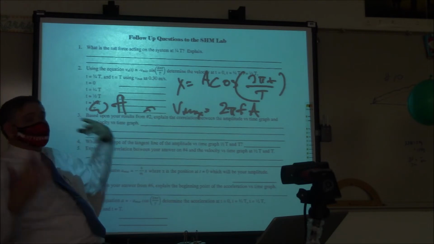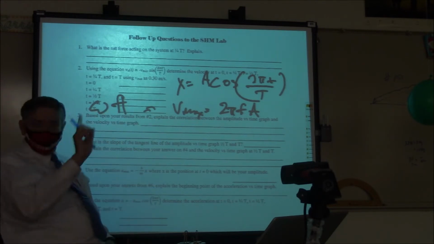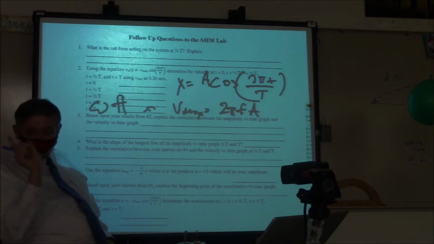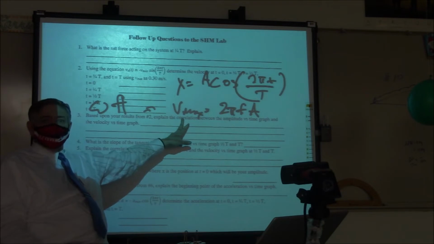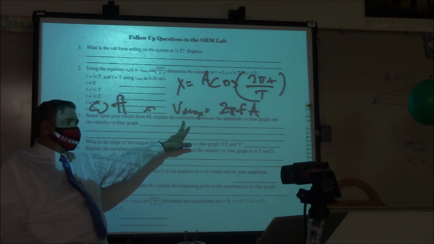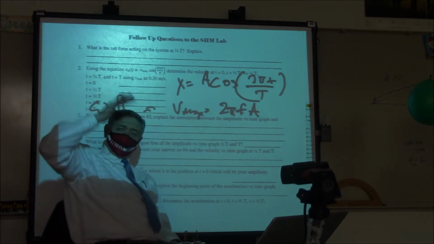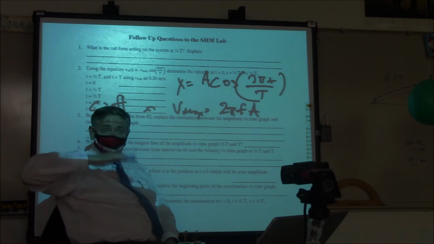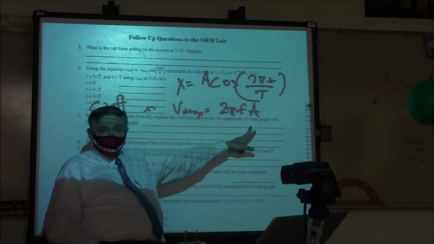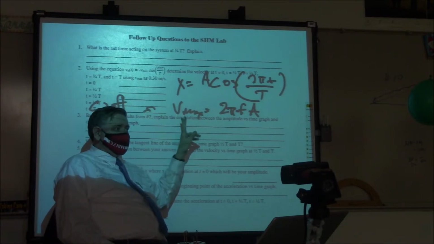And again, think this through. As omega gets bigger, as that microwave dish spins faster and faster, you're going to get a bigger and bigger velocity, a bigger V max. The same thing happens here. If this thing vibrates faster and faster with the same amplitude, you're going to get a bigger and bigger V max.